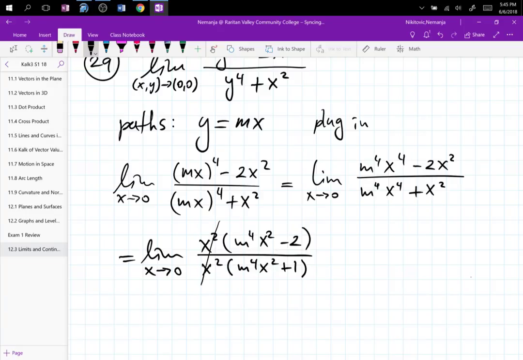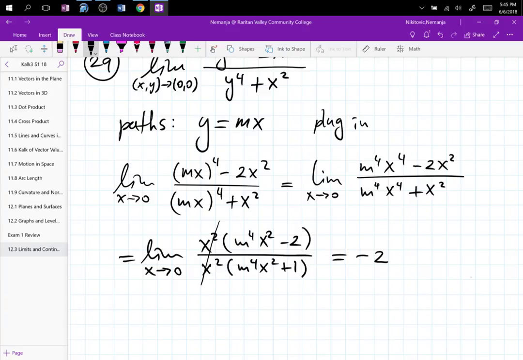And now observe what happens as x goes to 0. We plug in x equals 0, and we are going to get -2. Do we all see that? As x goes to 0, that kills these m's, and you have -2 divided by +1, which is -2.